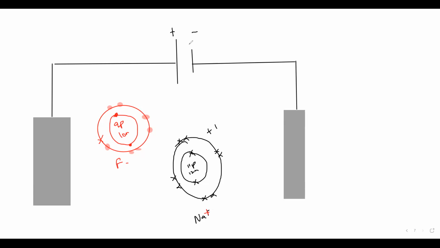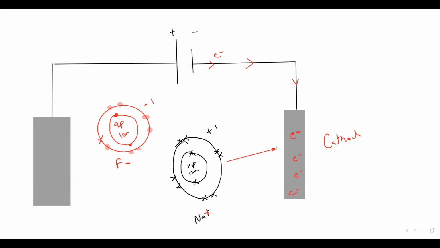Now, from the negative terminal of the battery, electrons are coming out. As these electrons move, the majority of electrons will be on the cathode. So which ion will they attract, sodium ion or fluoride ion? The fluoride ion is negative, the sodium ion is positive. Sodium is positive and electrons are negative, and unlike charges attract each other.